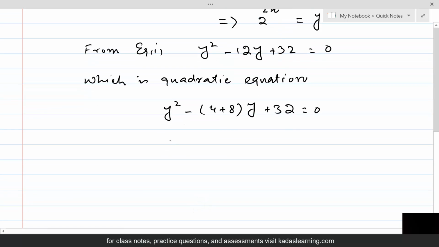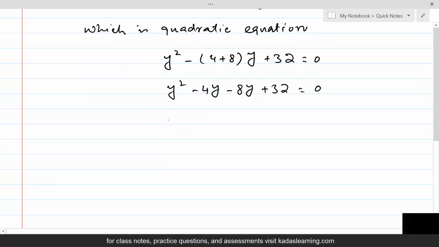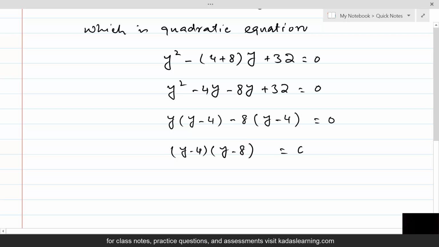So this would give us y square minus 4y minus 8y plus 32 equal to 0. So this gives us y common, inside is y minus 4, minus 8 common and y minus 4 equal to 0. Let us take y minus 4 common: y minus 4 into y minus 8 equal to 0.